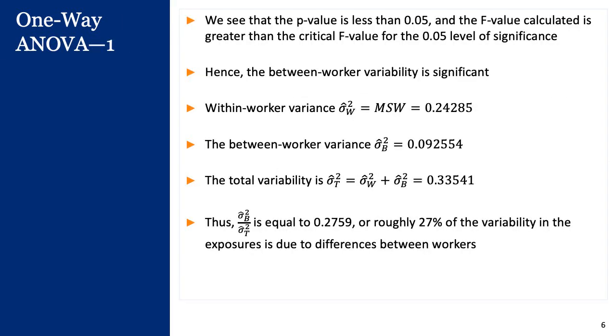As I said in the previous slide, the p-value is less than 0.05, and the F value calculated is greater than the critical F value, and therefore the between worker variability is significant.